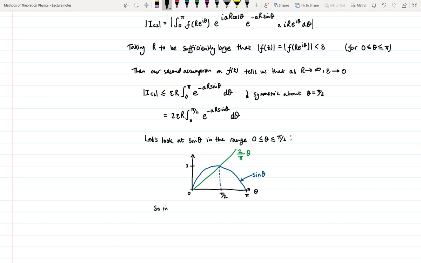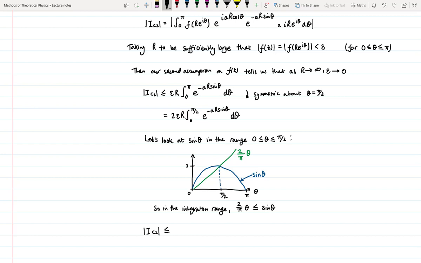Well, in the integration range, that's theta running from 0 to pi by 2, you can see that 2 over pi times theta is always less than or equal to sine of theta. That means that in our expression above for the absolute value of C2, we can put an upper bound by replacing the term in the exponential as follows.